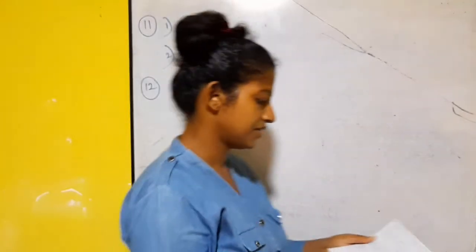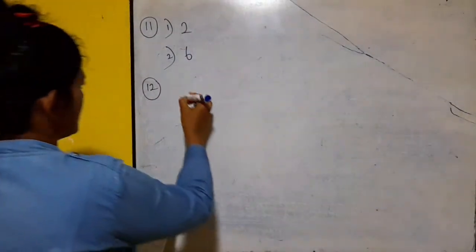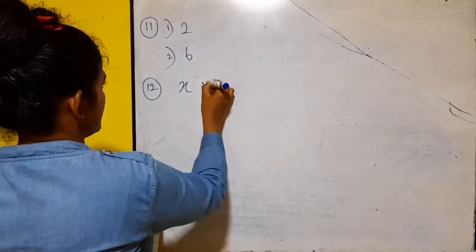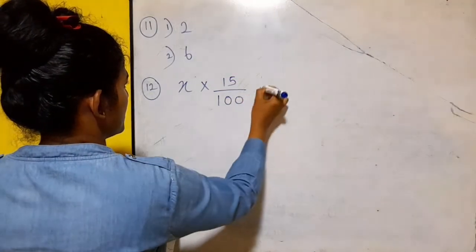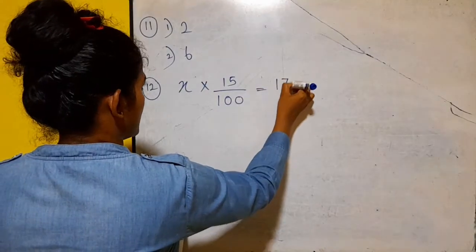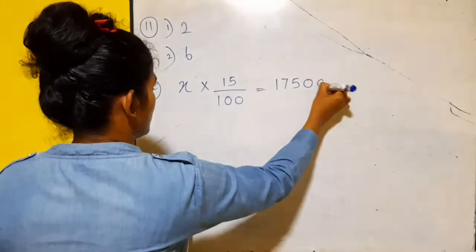Number 12. Nimal spends 15% of the salary for his children's education. If he spends 17,500 rupees for the above purpose, find his salary. If we take the salary as x, x times 15 over 100 is equal to 17,500.